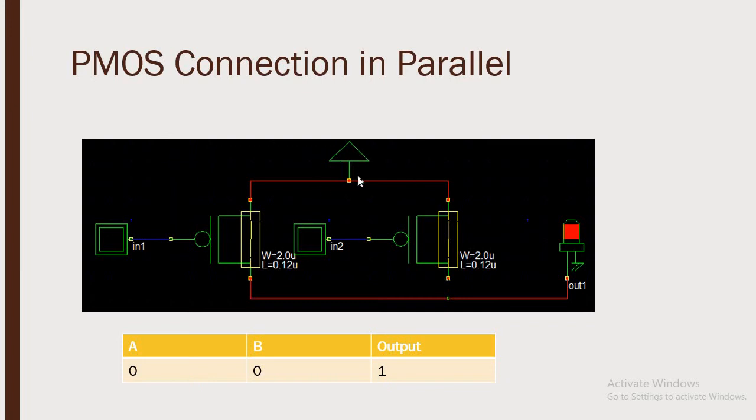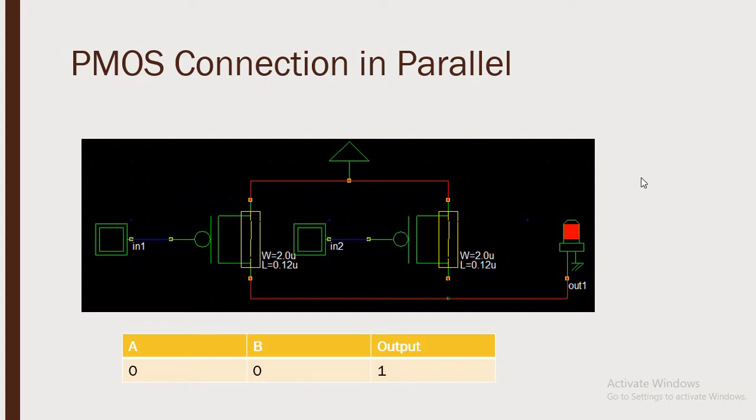Now from here, students, these two PMOS provide the path for this biasing voltage plus 5 volts to pass from this point and also this point to the output. So we can see that whenever we apply our inputs A and B both 0, our output will be 1, because both PMOS become short circuited.